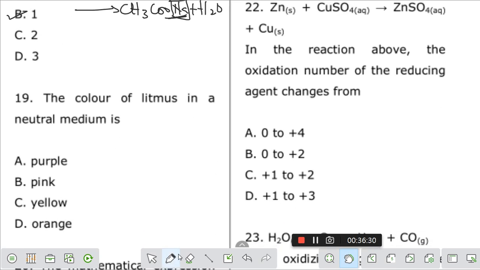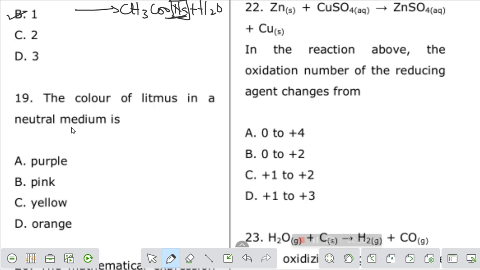Now, the color of litmus in a neutral medium is, so this question is one of the questions they normally ask. I think I told you in one of the videos the color of litmus paper in a neutral medium. So what do you think would be the answer? You know that the color of litmus in acidic medium is red. So you can just pause the video and try it.